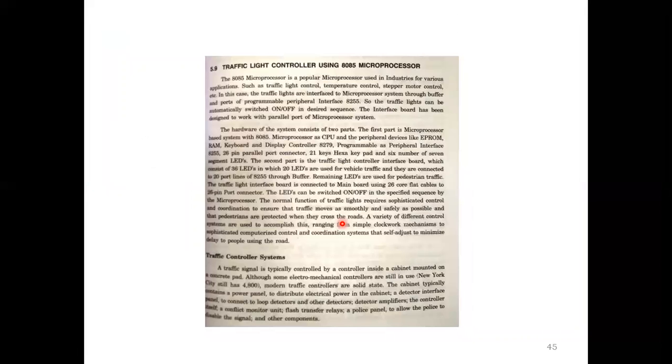Okay. So next one is the traffic light controller using the 8085 microprocessor. That means we are going to control the traffic light with the 8085 processor. In this case, the main problem is how the 230-volt bulb will be connected with the processor.